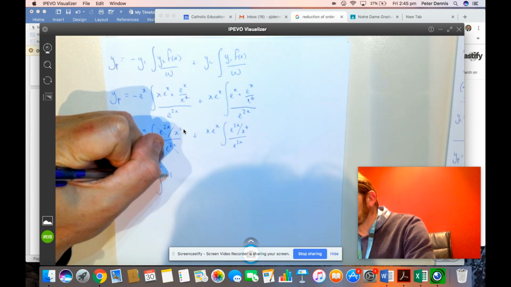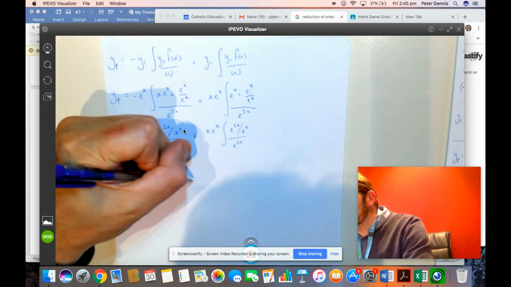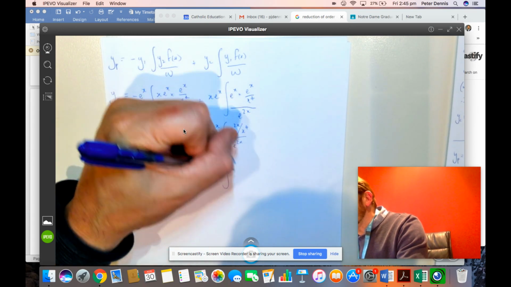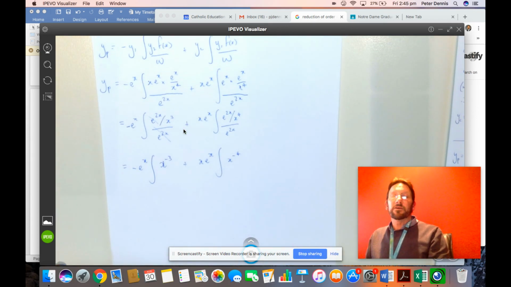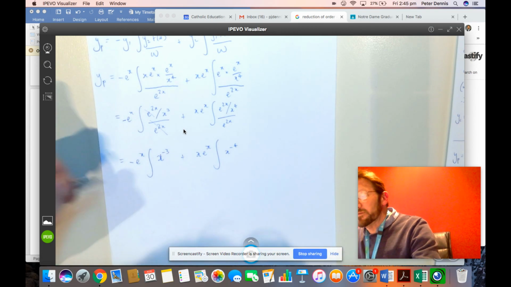So what we end up with is minus e to the x outside of 1 over x cubed, which is x to the power of minus 3, plus x e to the x, x to the power of minus 4. So it did look horrible, but it sort of worked out fairly nicely.